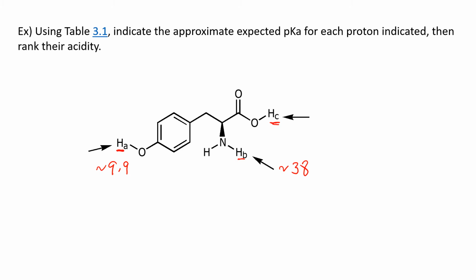And HC, if you look a little bit further up on the pKa table, we can say that this is similar to acetic acid, right? So that had a pKa of roughly 4.75.